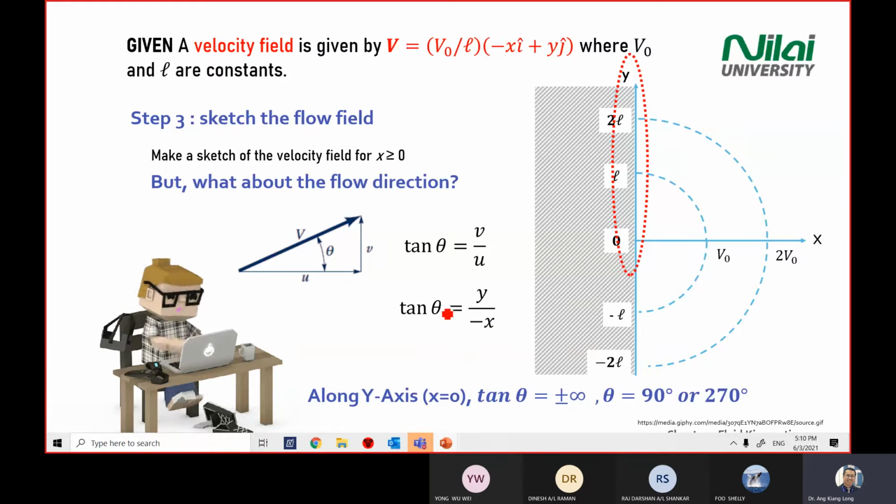So tangent theta equal to infinity value, either positive or negative. The tangent theta angle will be either 90 degree or 270 degree. This is the fundamental of trigonometry. If you don't understand why suddenly I can say tangent theta infinity, theta equal to 90, 270, go back and ask Engineer Ma.